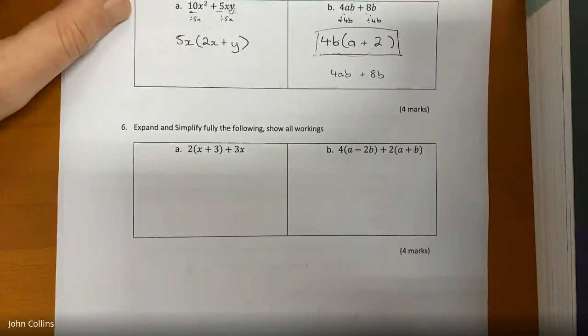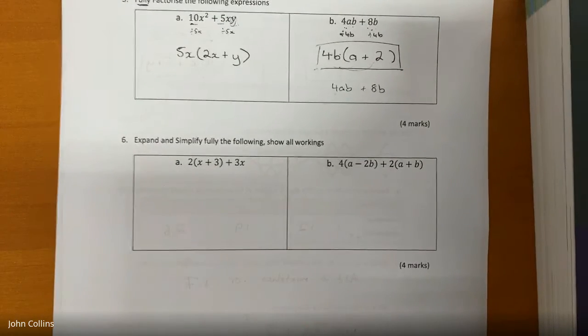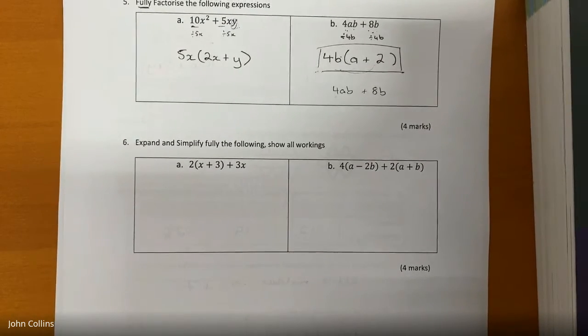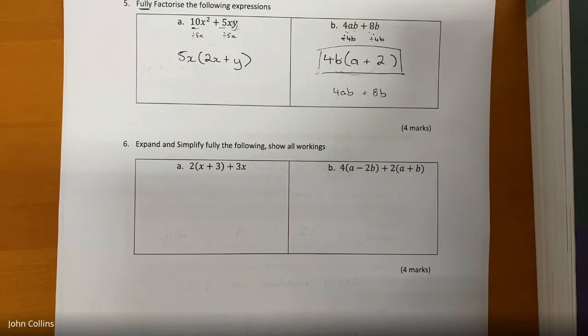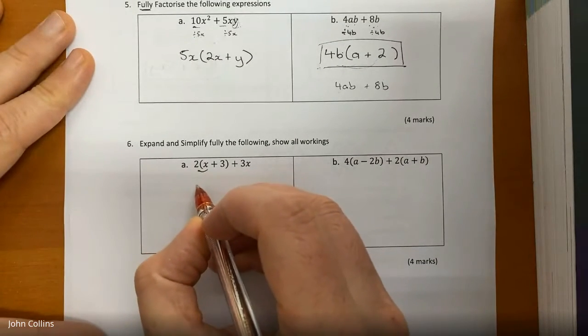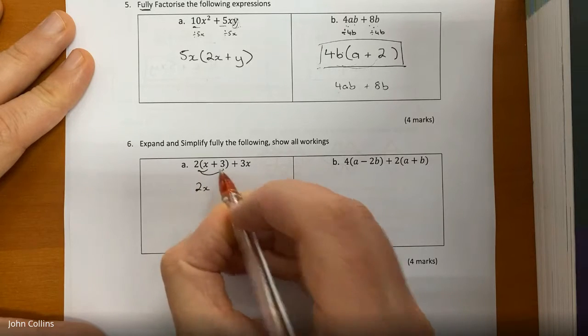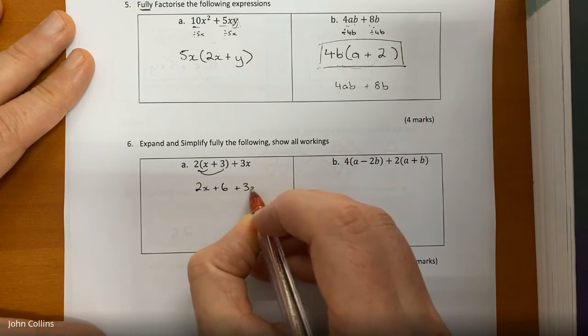Moving along. So this expansion is the opposite to what you just did. You're multiplying now instead of dividing. So remember, factorizing, think dividing, put in brackets. Expanding, think multiplying by removing brackets. Get rid of those brackets. Okay, so let's multiply this out. 2 times x gives 2x. 2 times 3 gives 6 plus 3x.